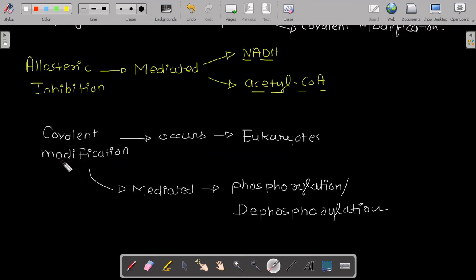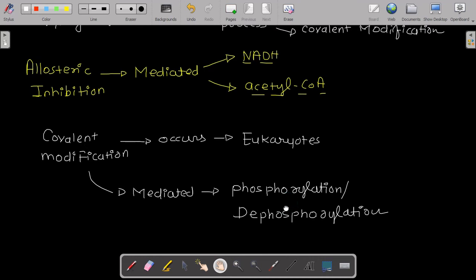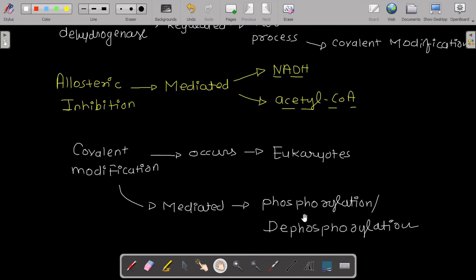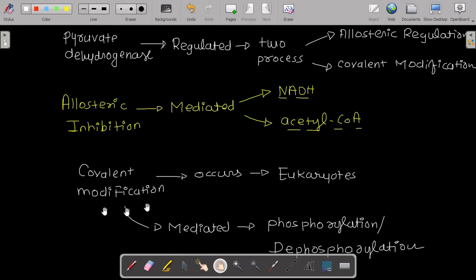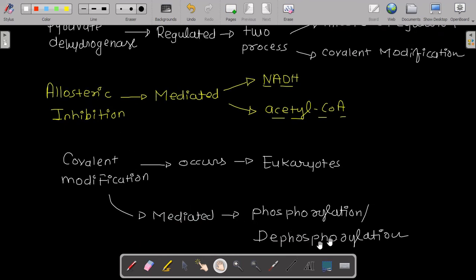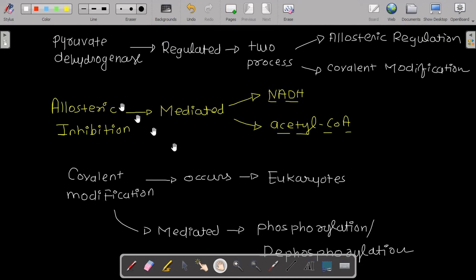Now the covalent modification, which occurs only in eukaryotes, is mediated by phosphorylation and dephosphorylation. Okay, so phosphorylation and dephosphorylation of pyruvate dehydrogenase mediate its covalent modification. You can covalently modify pyruvate dehydrogenase by phosphorylation and dephosphorylation, and this covalent modification only occurs in eukaryotes.